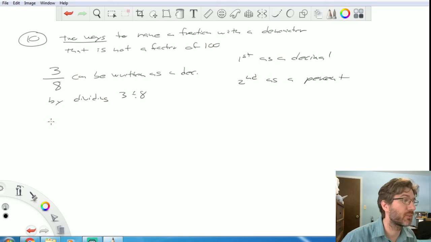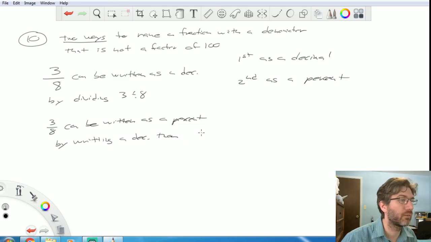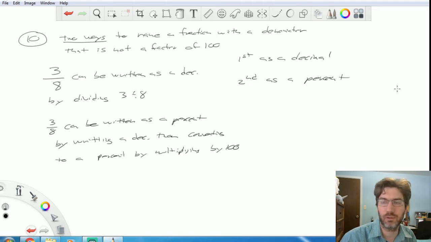The other way is to do a percent, and you can also say that 3/8 can be written as a percent by writing it as a decimal, then converting to a percent by multiplying by 100, and that would work.